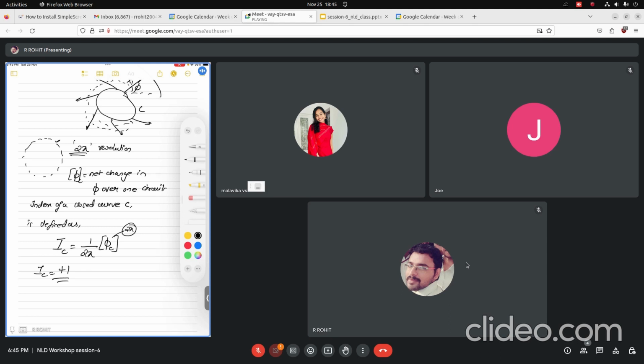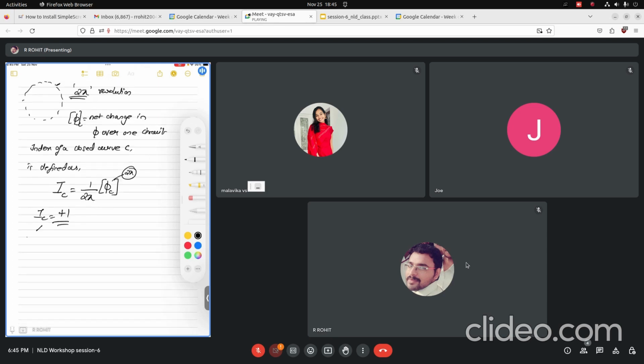So that is the index of that closed curve. So I of c is the net number of counterclockwise revolutions made by the vector field as x moves counterclockwise around c.